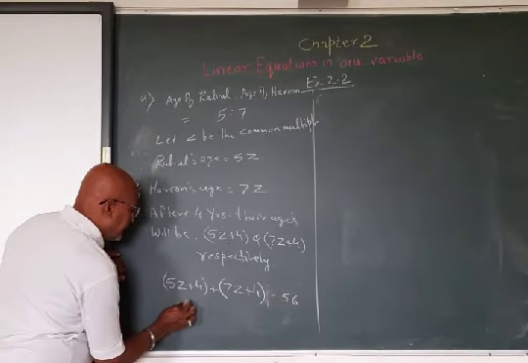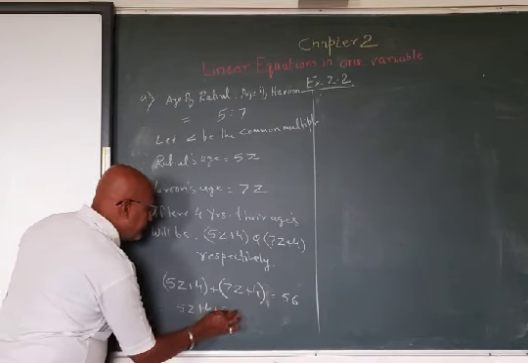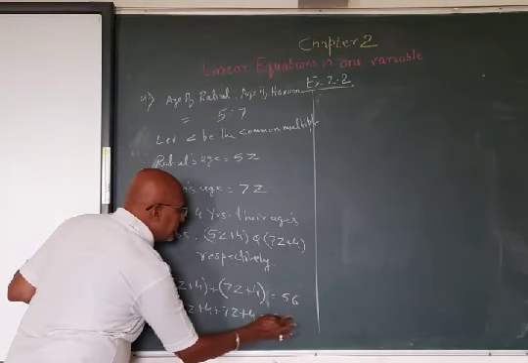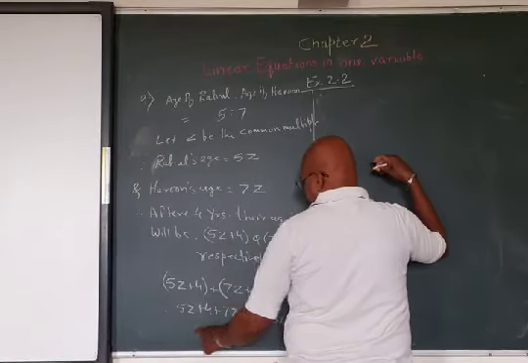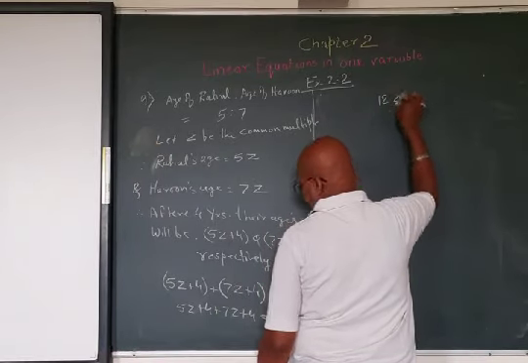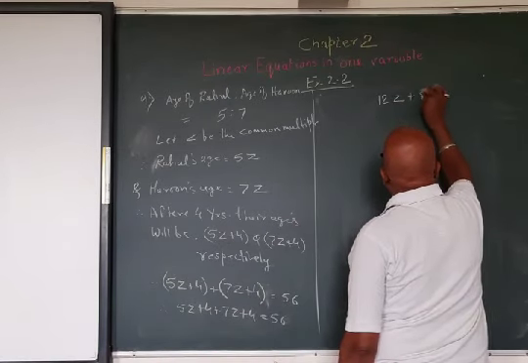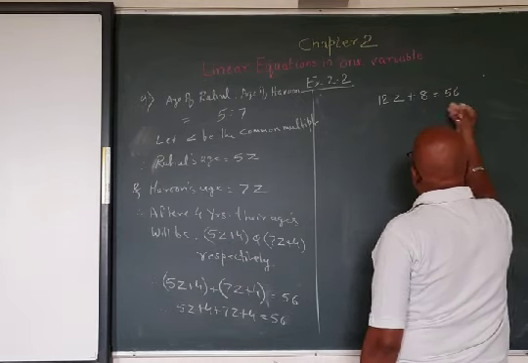Therefore 5Z plus 4 plus 7Z plus 4 equal to 56. What will be the sum? 5 plus 7 is 12Z. 4 plus 4 is 8, equal to 56. Transfer this 8.